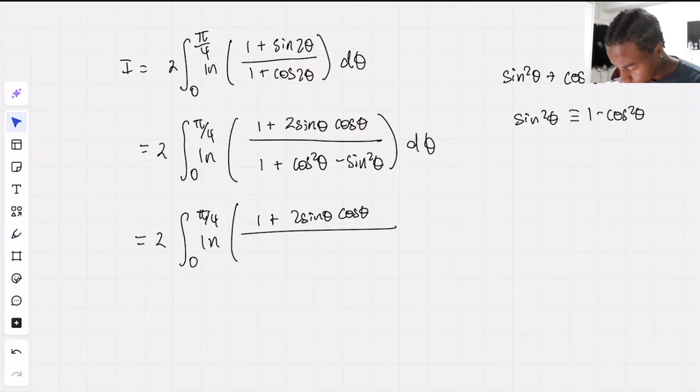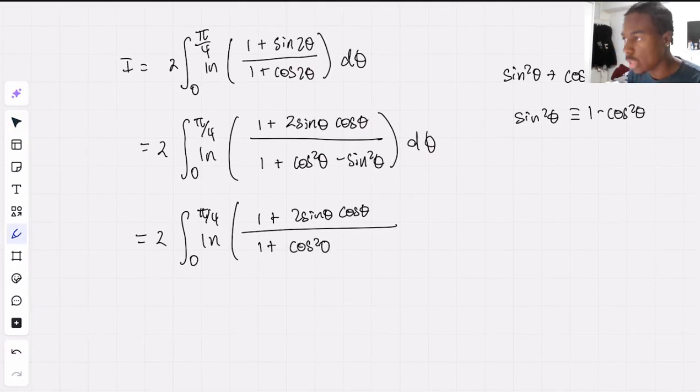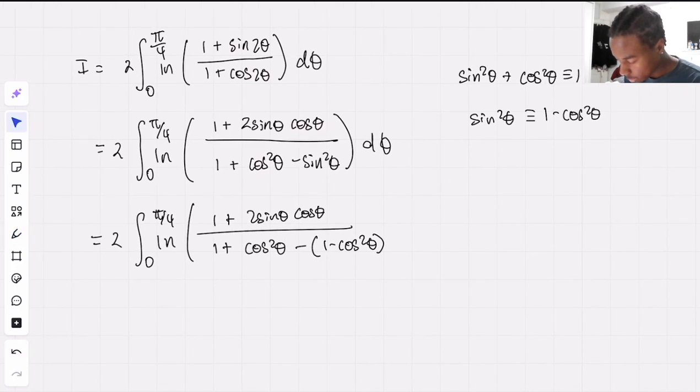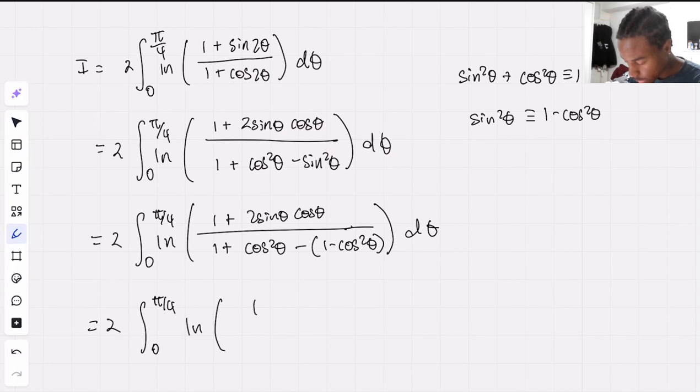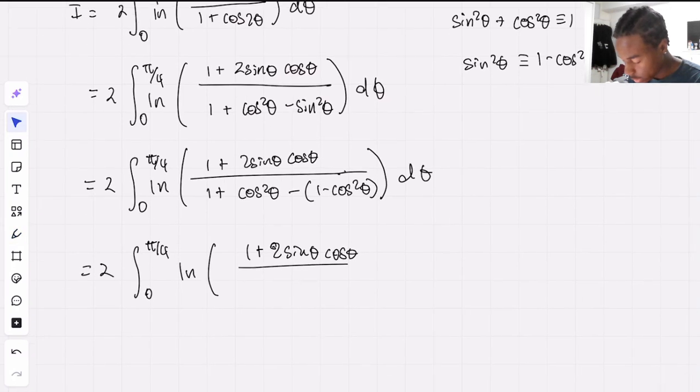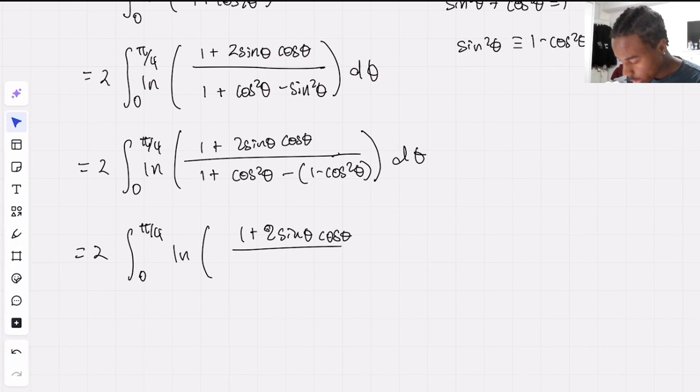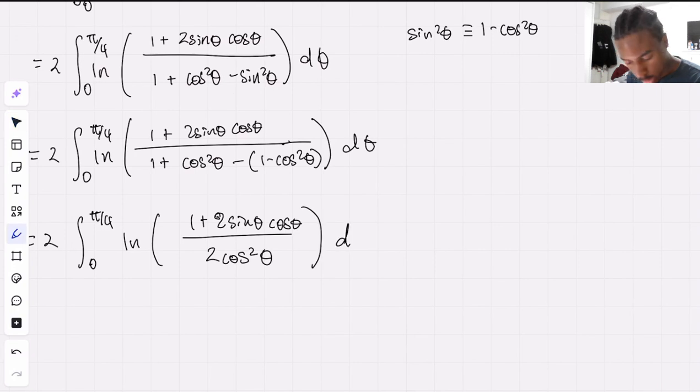This should be ln of 1 plus cos squared theta minus 1 minus cos squared theta d theta, to then have the integral from 0 to pi over 4 of ln of 1 plus 2 sine theta cos theta over, now I'm going to have 1 minus 1, so that's just going to go away, and then I'm going to have cos squared theta plus cos squared theta, so I'm going to have 2 cos squared theta d theta.